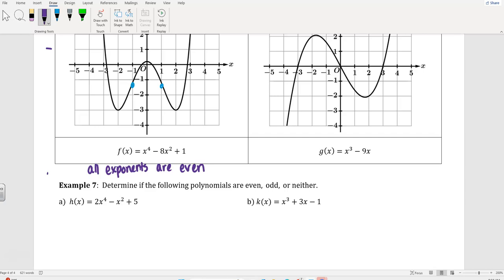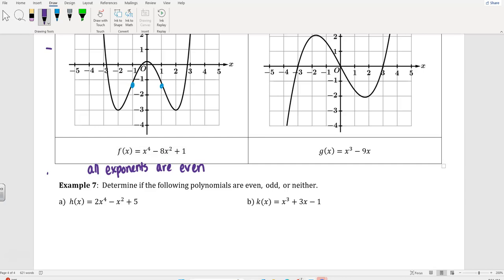Okay, so for this example right here, I see x to the fourth, I see x to the second. That looks beautiful. I got a 1 over here. 1, first of all, 1 is odd, and it doesn't have a variable with it at all, right?